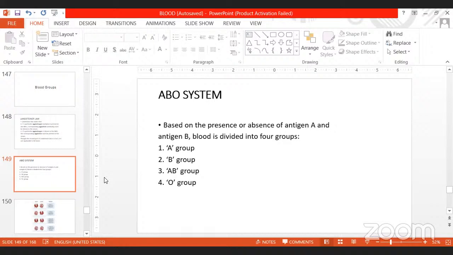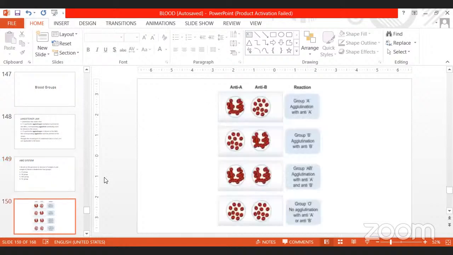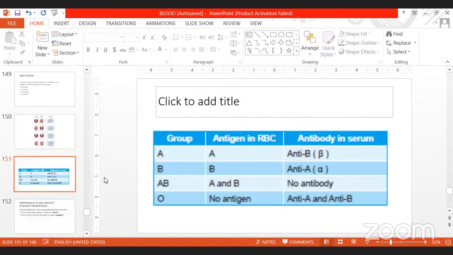The ABO system, based on the presence or absence of antigen A and antigen B, the blood group system is divided into 4. They are A, B, AB, and O. So, in the A group, antigen is A and antibody is anti-B.